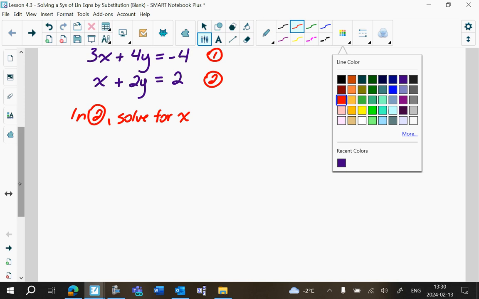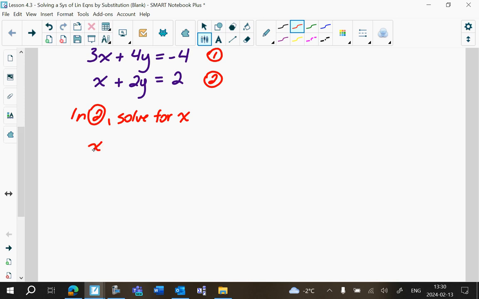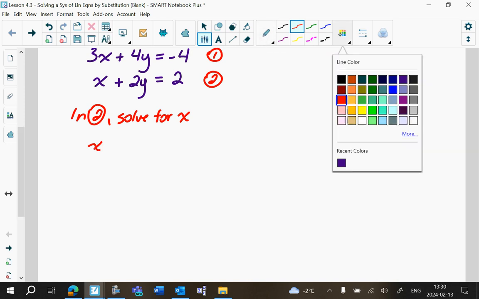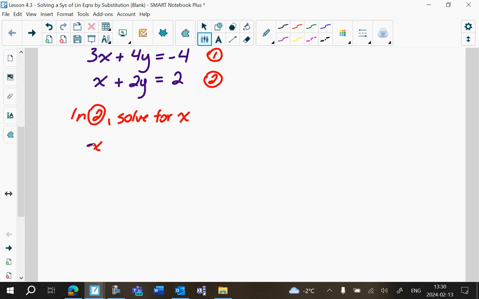So x plus 2y is equal to 2. I'm going to pull this 2y over to the other side by subtracting 2y. And I get x equal to, and you could write it two ways. You could write it -2y plus 2, or you could write it as 2 minus 2y.